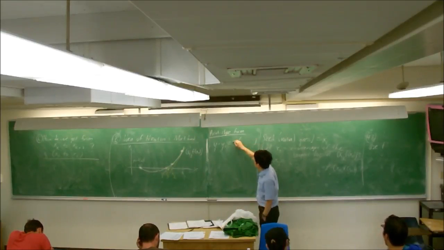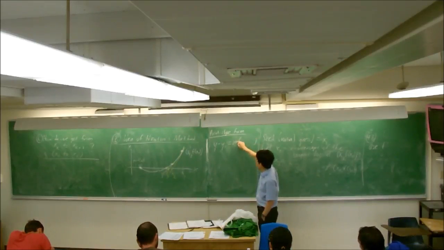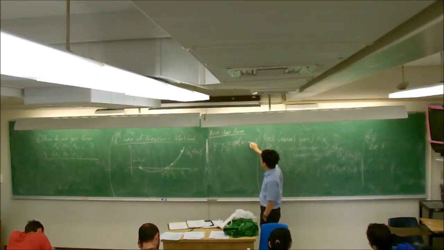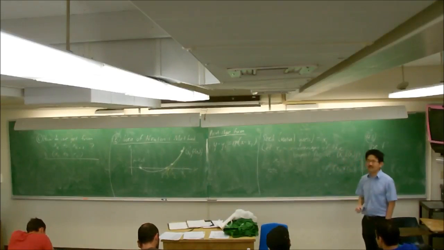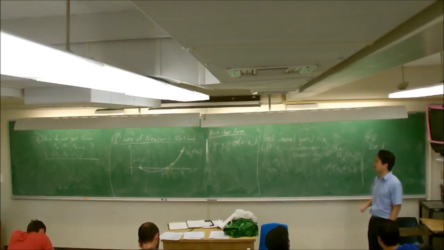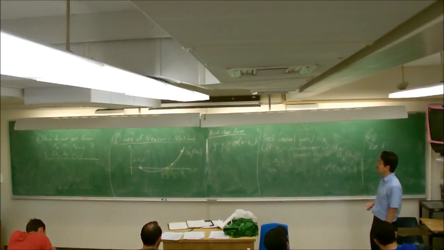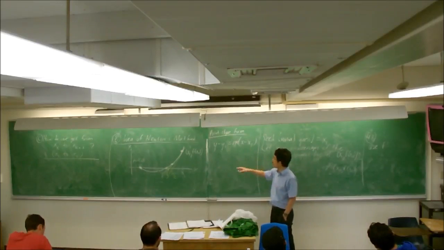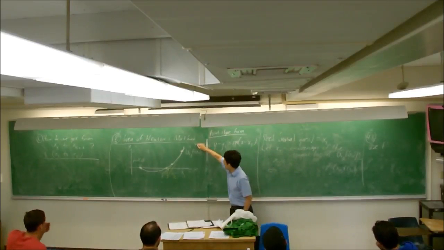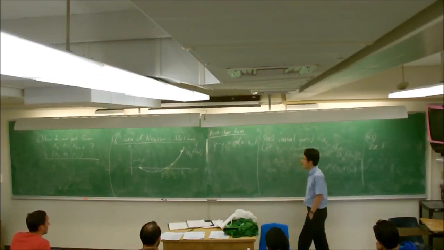Slope f times the quantity x minus x sub 1. Review lines, that's in pre-calc. Y minus y sub 1 equals m times the quantity x minus x sub 1. X sub 1 is our c, our initial guess. Y sub 1 is the function value at x sub 1.